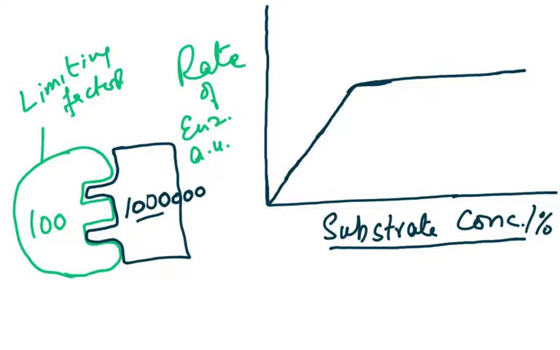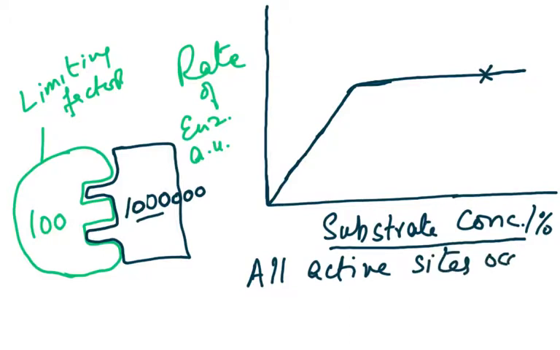So at times they give you this graph and they say, okay, point X, what is the explanation for point X? The explanation for point X is all active sites occupied. You can say that, all active sites occupied. Or you can say enzyme is the limiting factor.